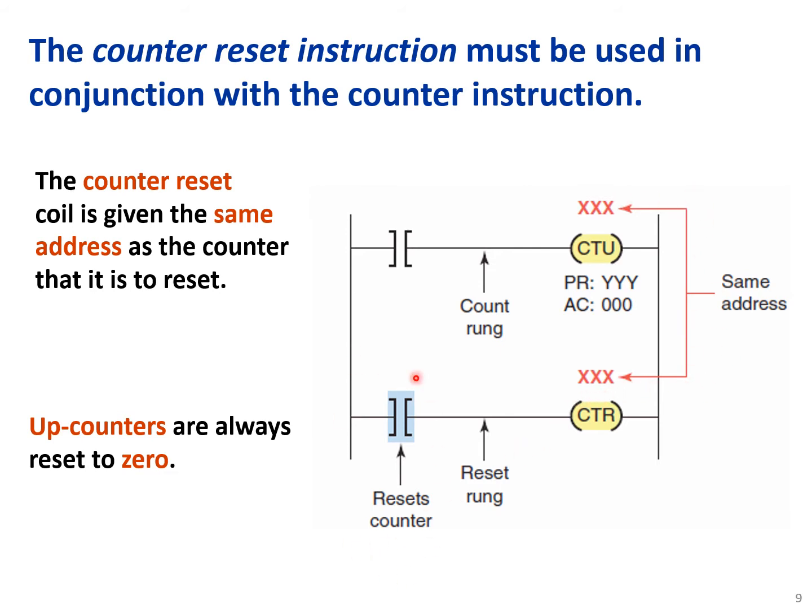Okay, and this is a push button or the contact to reset the counter. So if this contact goes from false to true, the accumulated value will go back to 0. The counter reset coil is given the same address as the counter that it is to reset. Up counters are always reset to 0.